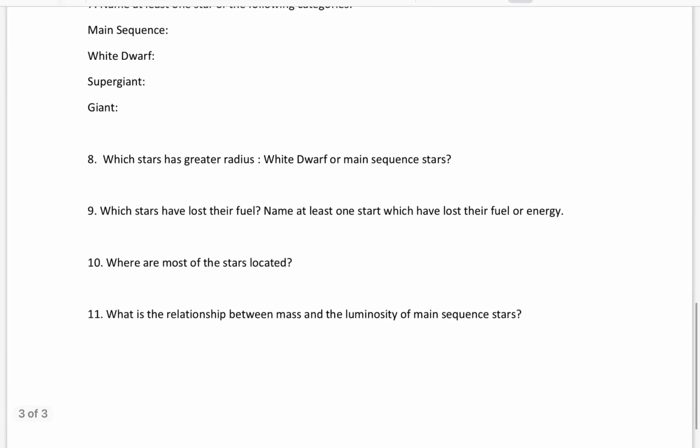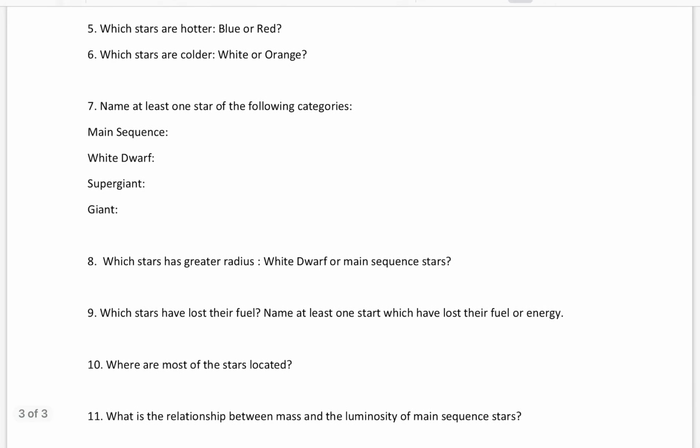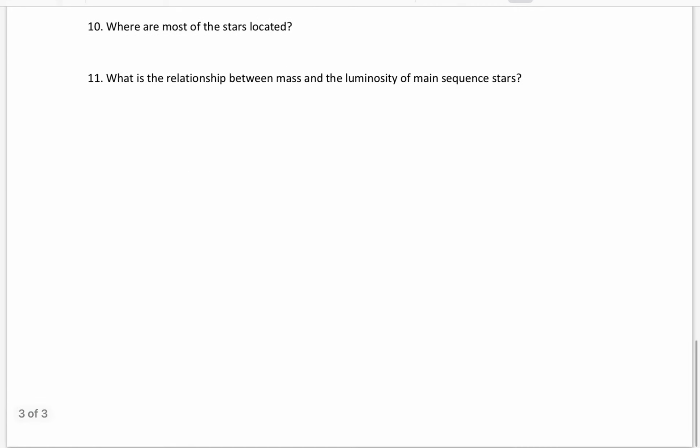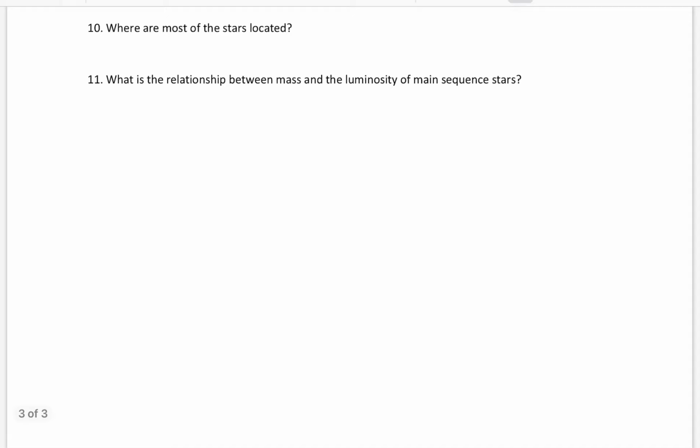So now the last question is the relationship between the mass and the luminosity of the main sequence star. So I'll just plot a graph here, and the graph should be self-explanatory. Let me use a different color here.